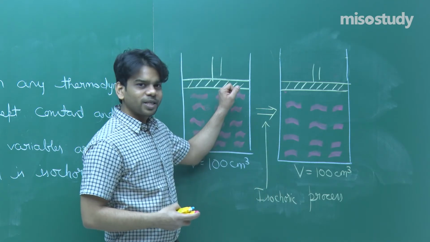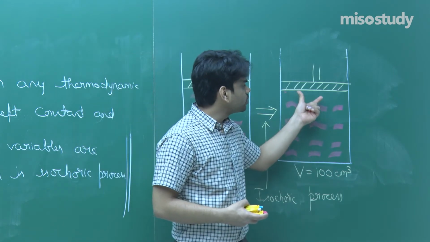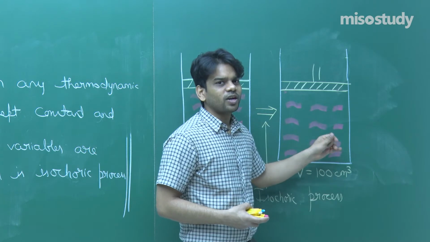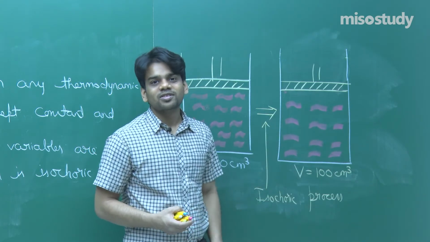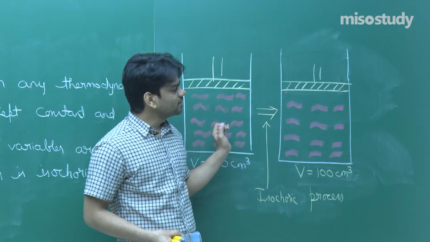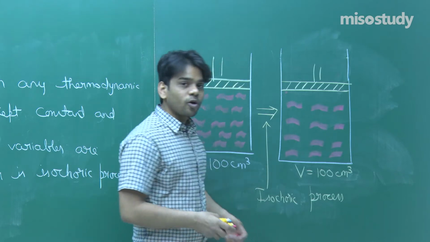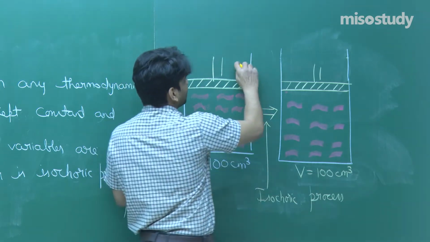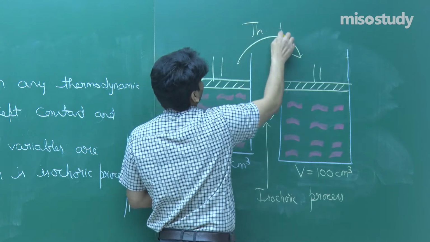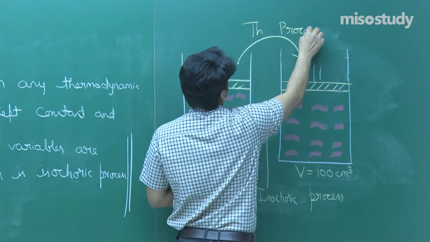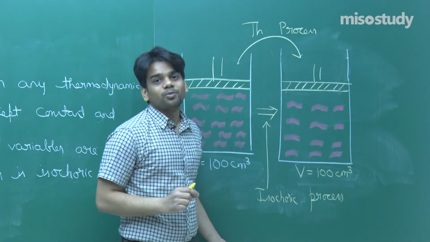So increase the temperature, pressure will increase automatically. For a higher value of temperature, a higher value of pressure will be recorded for this thermodynamic system. There is a change in the thermodynamic variables, and when you go from one state to another state, we say that a thermodynamic process has taken place. This is what we mean by thermodynamic process.